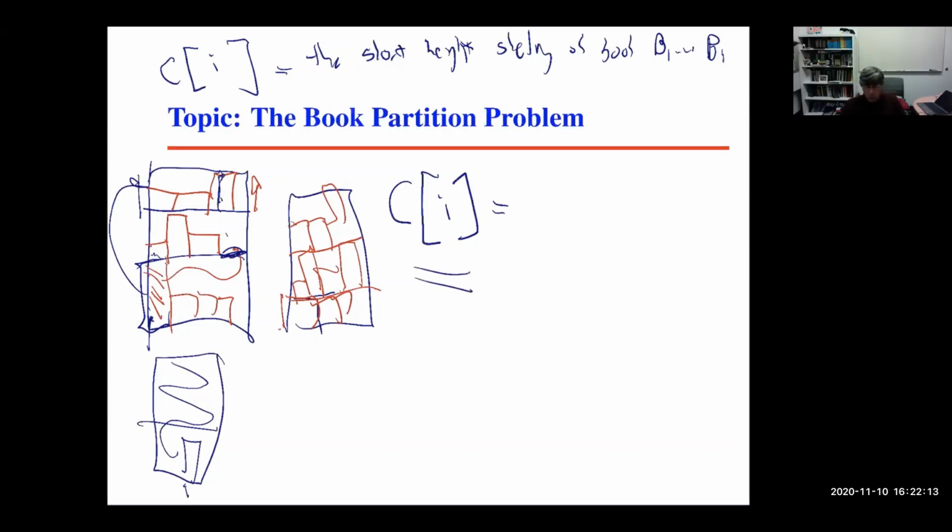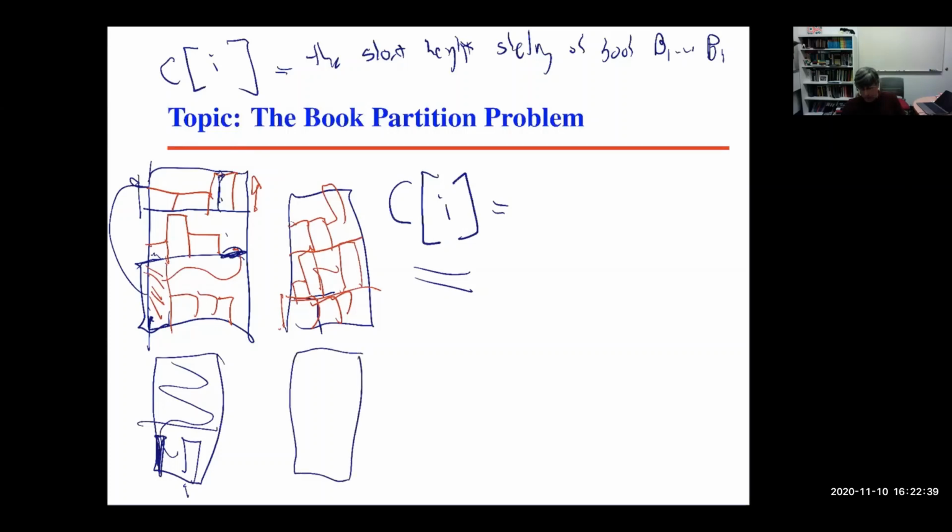Right? So what is C sub I? What's the cheapest way to put down the first I books? Can anybody think of a recurrence relation for this? I claim, what am I going to want to do? First of all, what is the first book on my last shelf going to be?